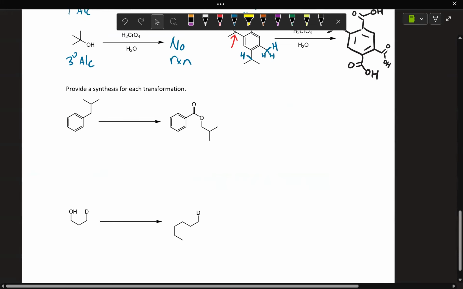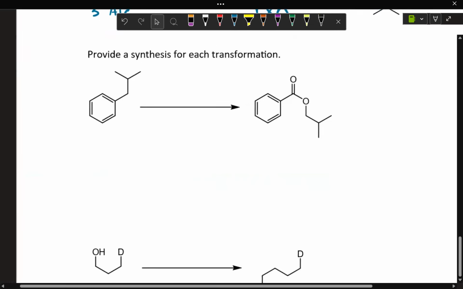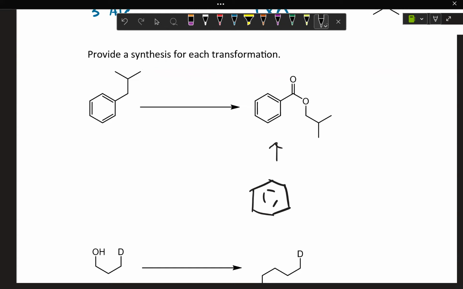All right, syntheses. So we're going from an alkyl benzene ring to an ester. The only way we've learned to make esters right now is through Fischer esterification. And Fischer esterification starts with a carboxylic acid, and it's done with an alcohol.